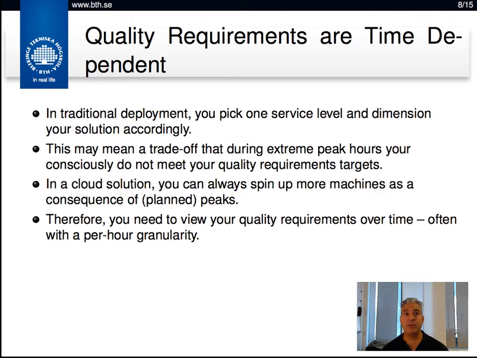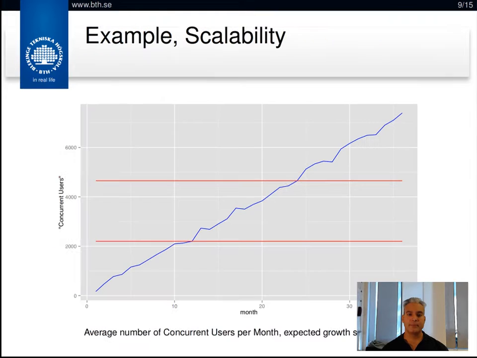So when you are looking at a cloud environment or a cloud setup, you need to view your quality requirements over time. So here's an example on scalability with your run-of-the-mill growth scenario. The blue line is the number of concurrent users per month, and the red lines are the number of concurrent users that you have in 1 year and in 2 years, respectively.